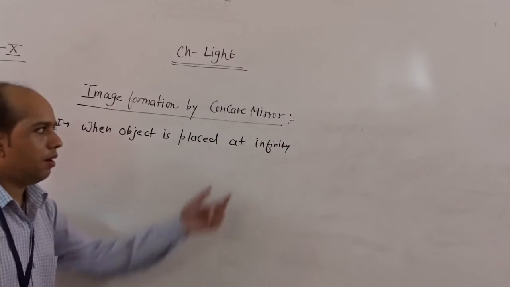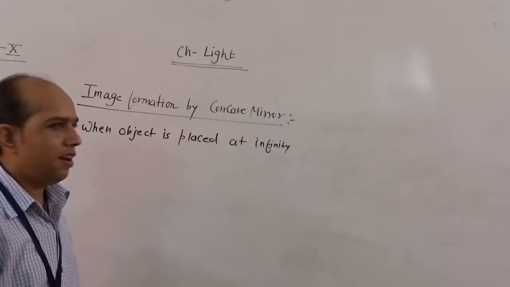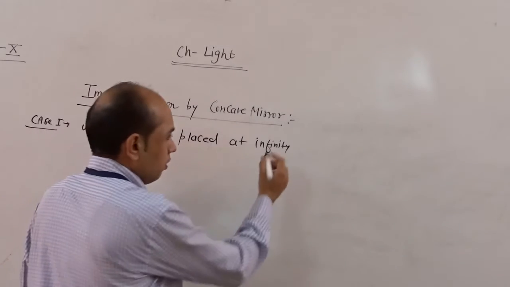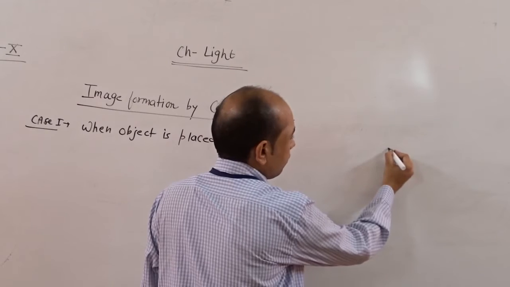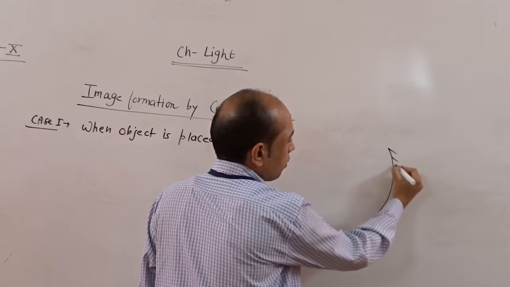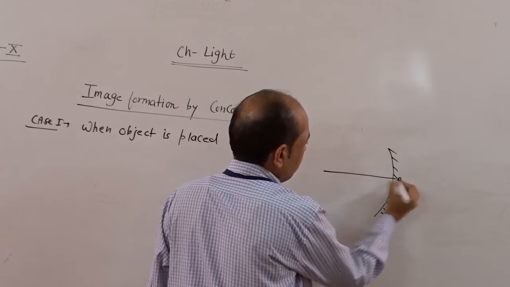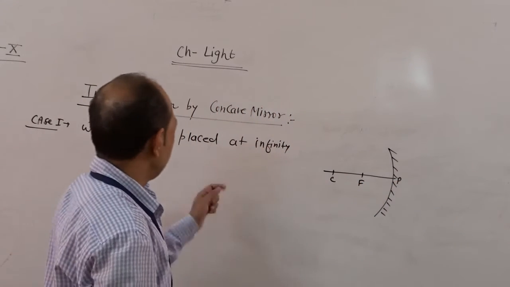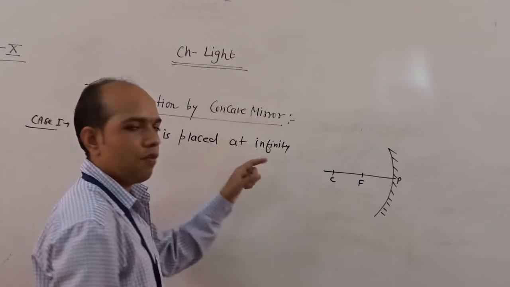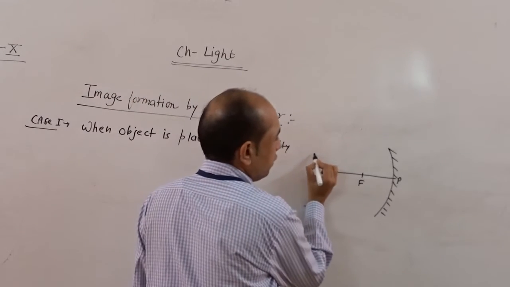That means if we take one example here, like the sun is at infinity position. So now I draw the ray diagram for this. Pole, focus and here center of curvature. So what we observe here, any ray of light which comes from infinity, its path is always straight.